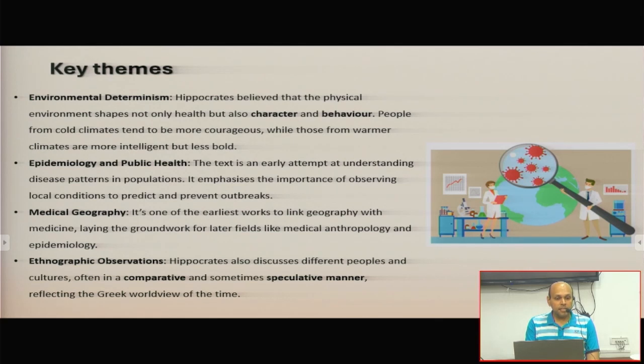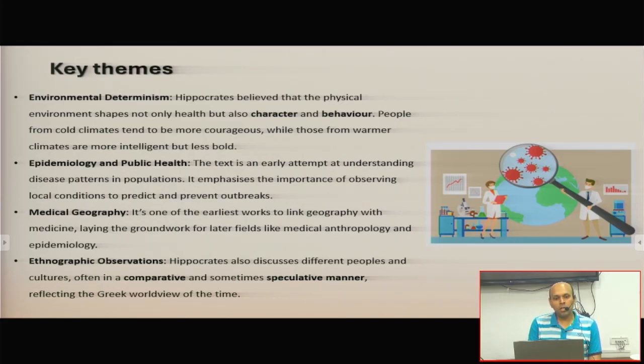So there are key themes over here. One is environmental determinism, another is epidemiology and public health, another is medical geography, and the last one is ethnographic observation. First, he believed that the physical environment shapes not only health but also character and behavior.